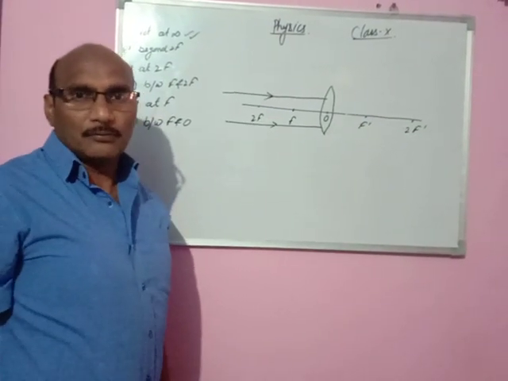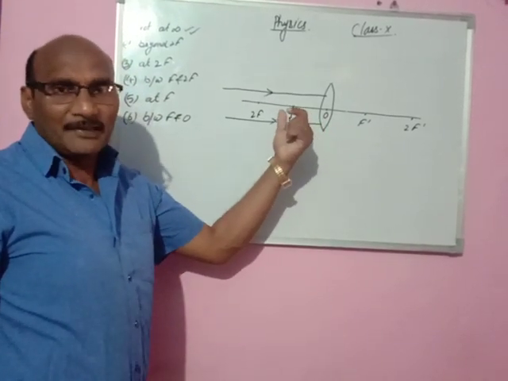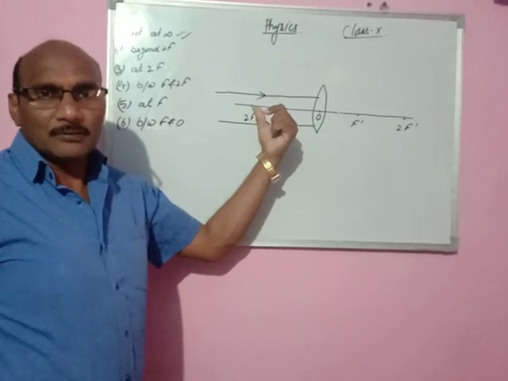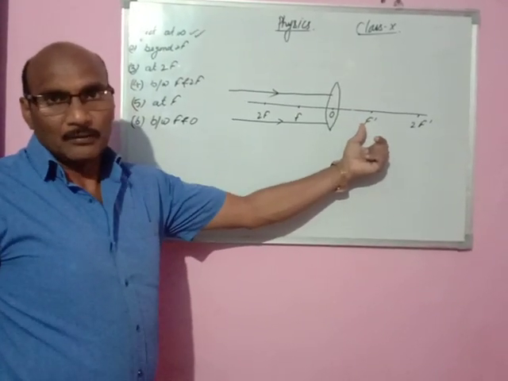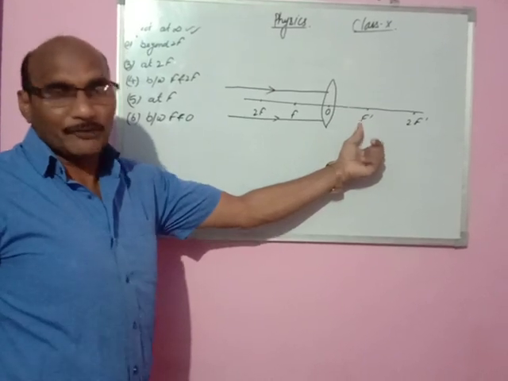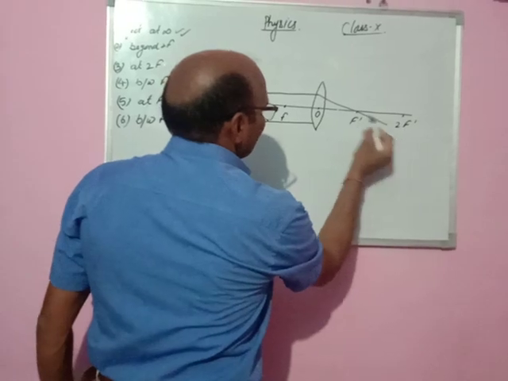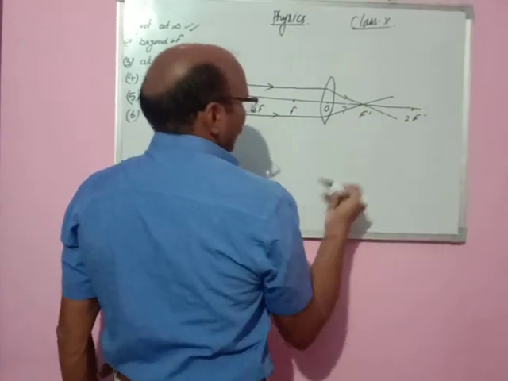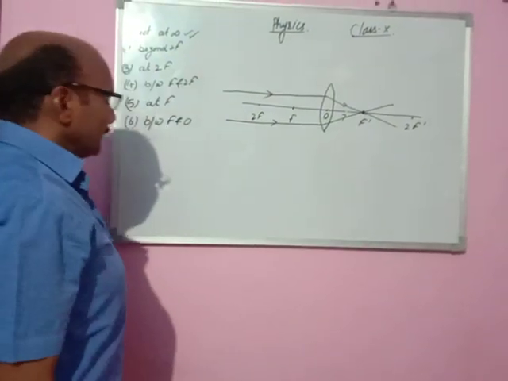As we have discussed, the light rays that come parallel to the principal axis meet at F dash after refraction. So these light rays will meet at F dash. This is the image of the object.